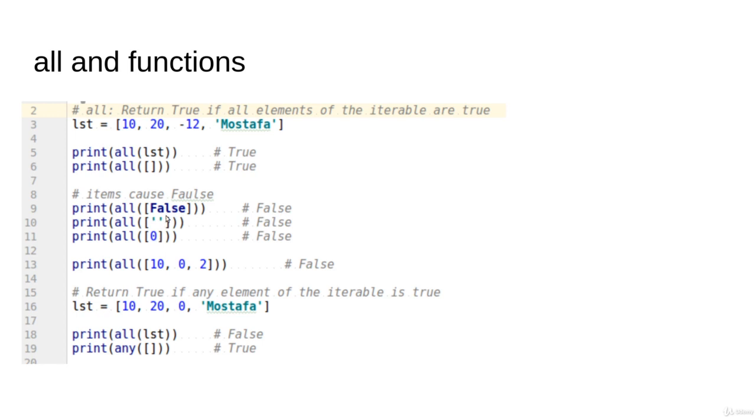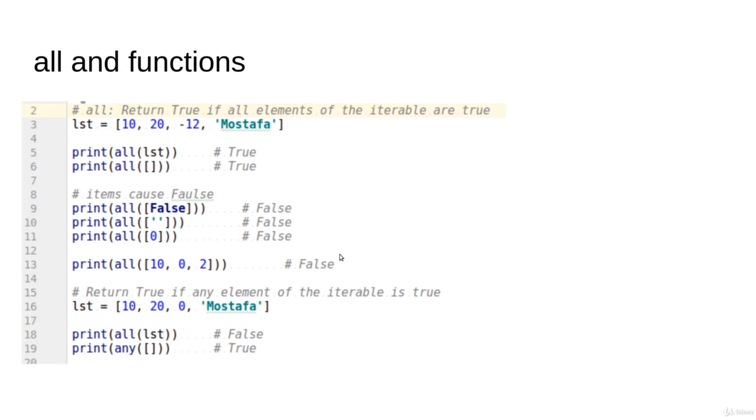These are the only items that make something false. So here in this list of items, is any of them false? The answer is no. Are all of them true? The answer is true. So the all is returning true if everything inside it is true. An empty list is true. Any one false item will make the all false.